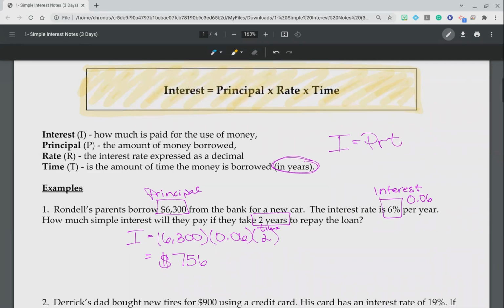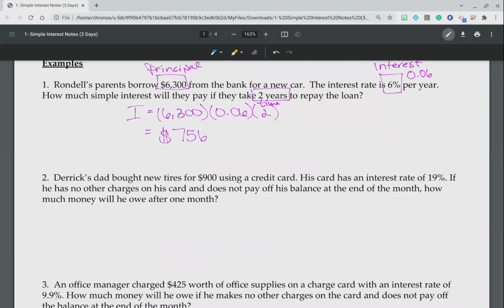All right, let's try another one. Derek's dad bought new tires for $900 using his credit card. When you use a credit card, you're borrowing money. His credit card has an interest rate of 19%. If he has no other charges on his card and does not pay his balance off at the end of the month, how much will he owe after 1 month?